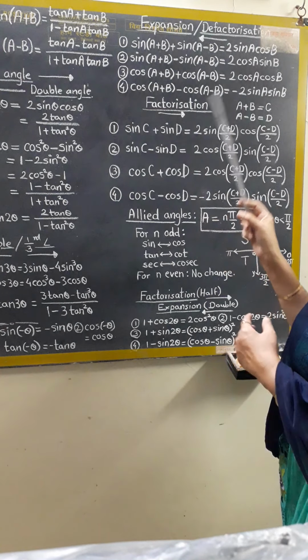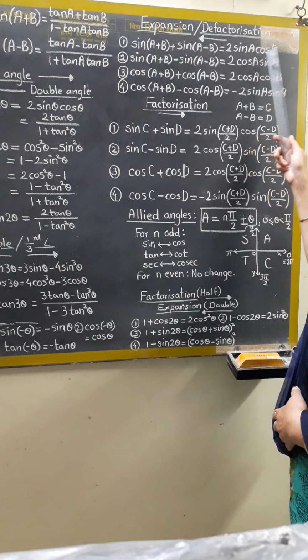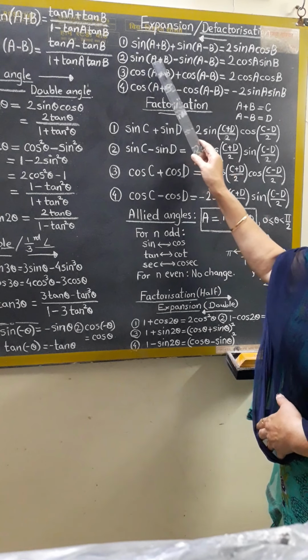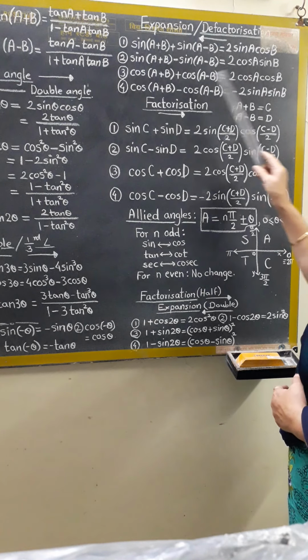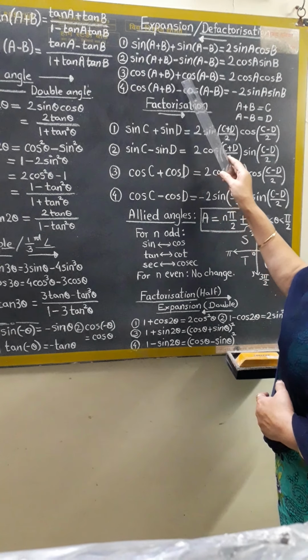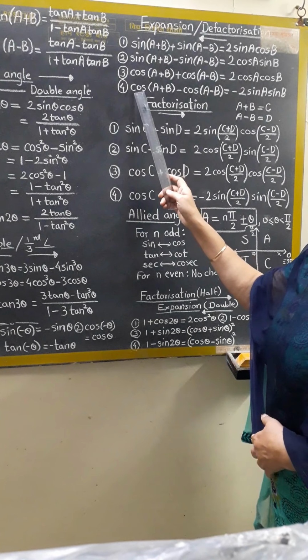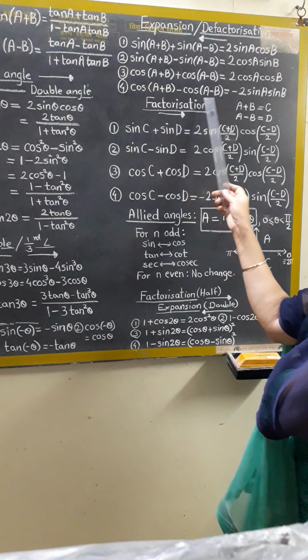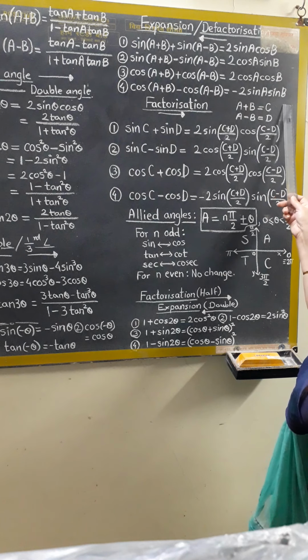So ultimately what I get is sine of A plus B plus sine of A minus B is 2 times sine A cos B. Sine of A plus B minus sine of A minus B is 2 times cos A sine B. Cos of A plus B plus cos of A minus B is 2 times cos A cos B. And cos of A plus B minus cos of A minus B is minus 2 times sine A sine B.